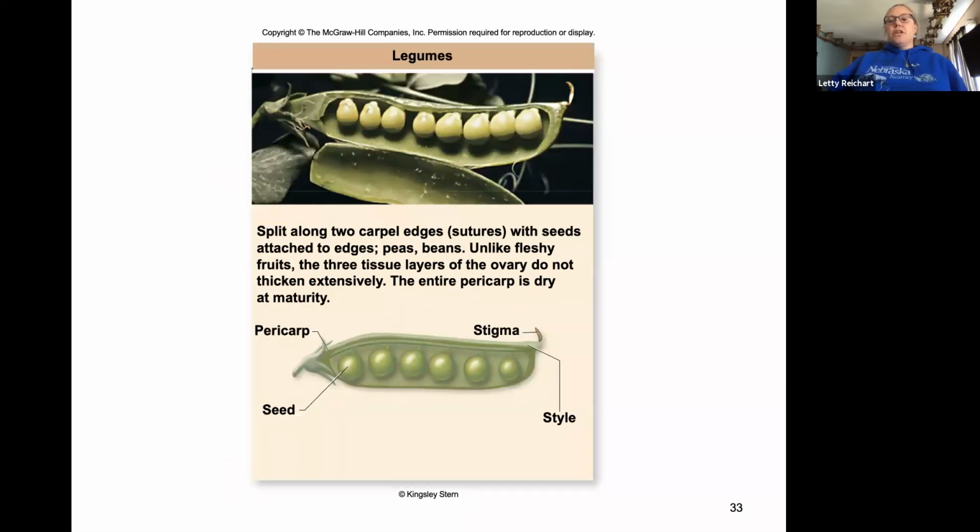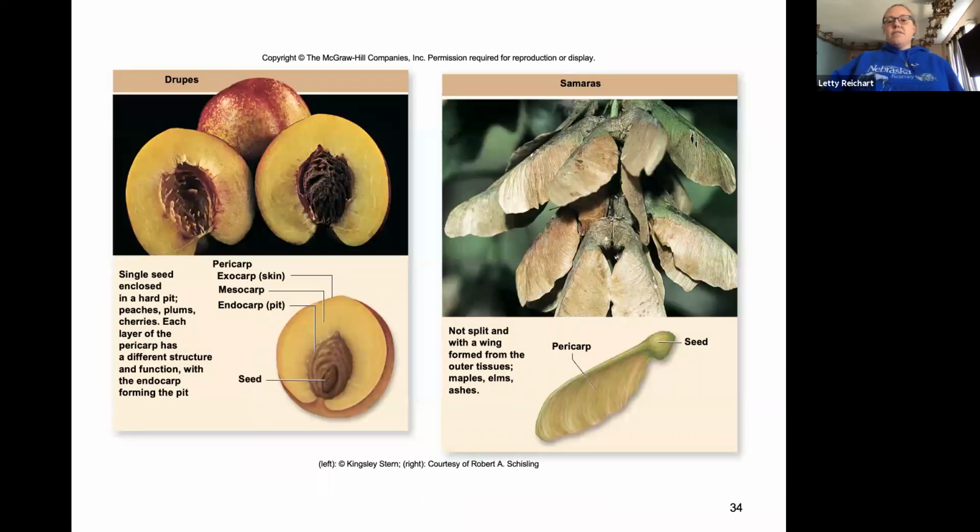Another example are legumes. This would include things like lentils, garbanzo beans, and here we have a pea. A couple other kinds of fruits, we have something called a drupe. That would be like the one giant pit of a peach or a nectarine. A samara, these are some of the wind dispersed seed types that you might see.